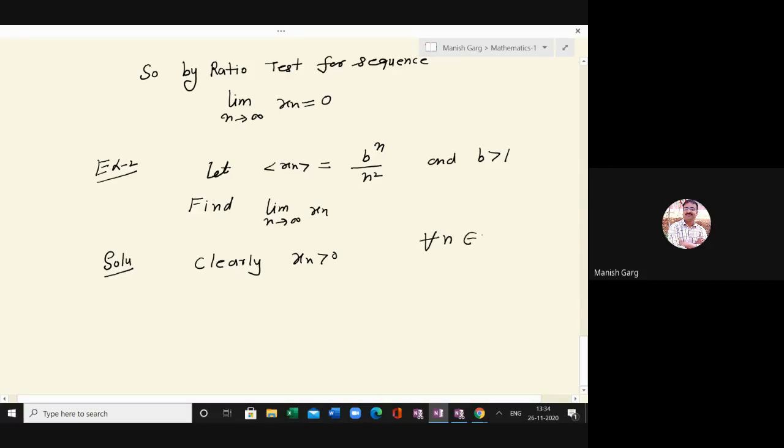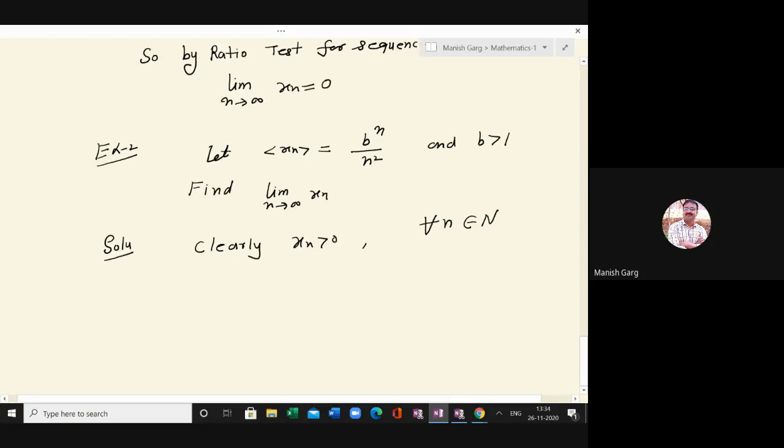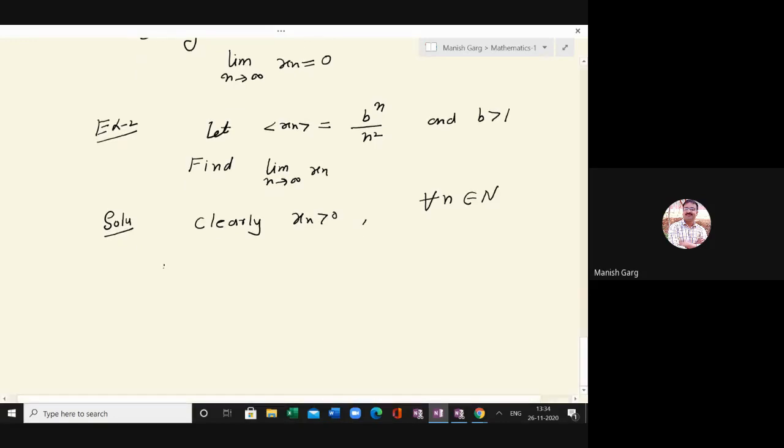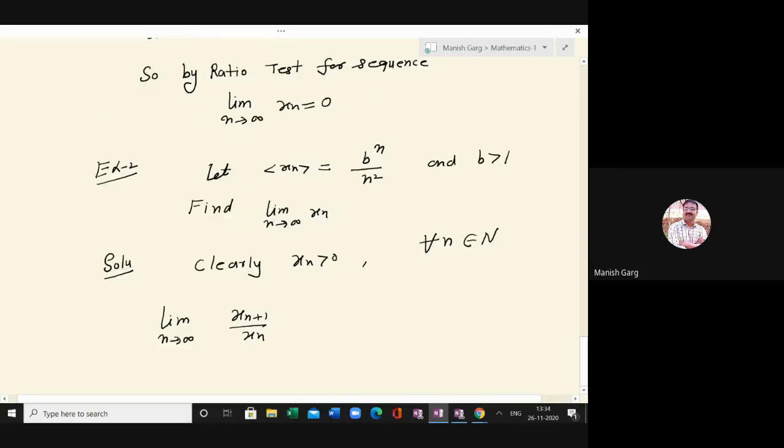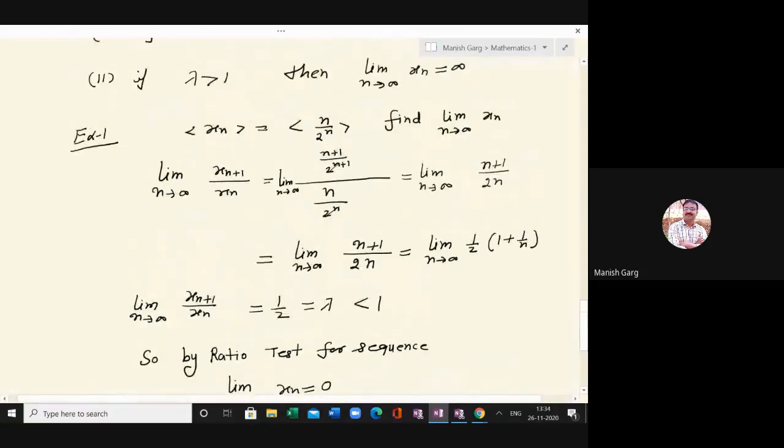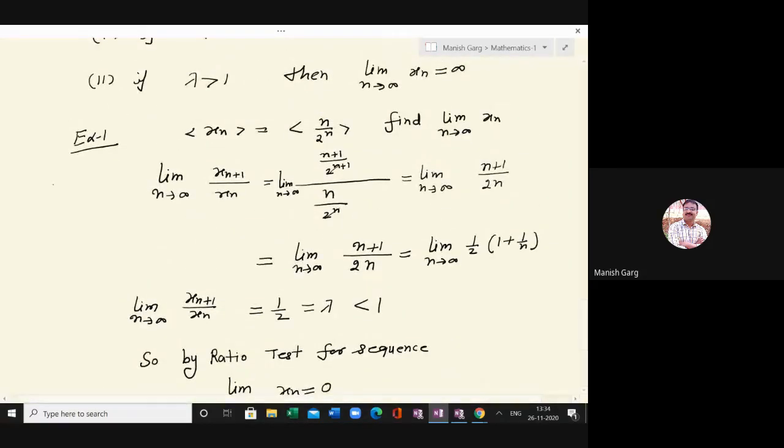You need to write this line, otherwise half marks will be deducted. In the above question also, limit n tends to infinity xn plus 1 over xn, you also need to write this here.